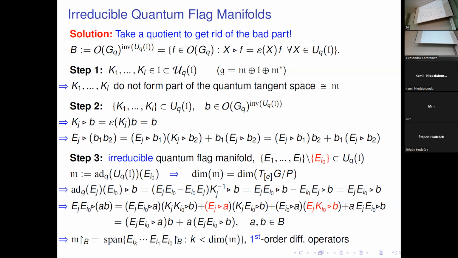On the invariant part, they act trivially. Now you would like to have derivations. If you act with the one that we took out, the E_j, it actually acts as a twisted derivation because it has this action of the group-like element.